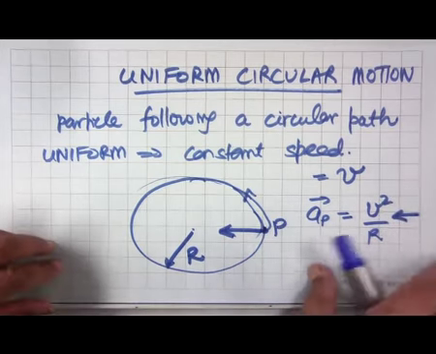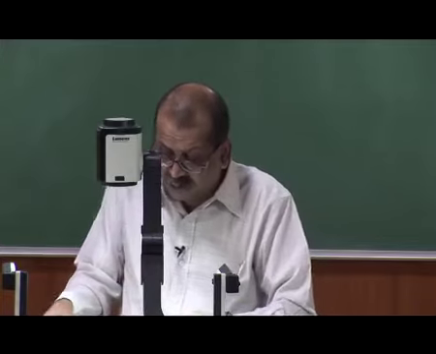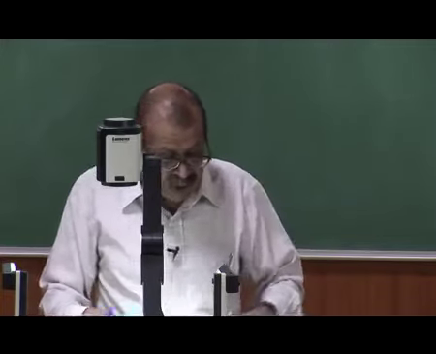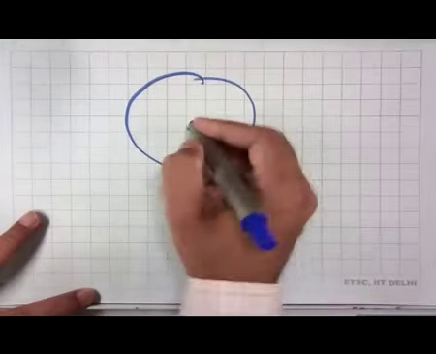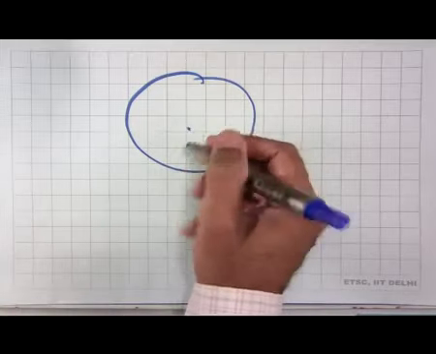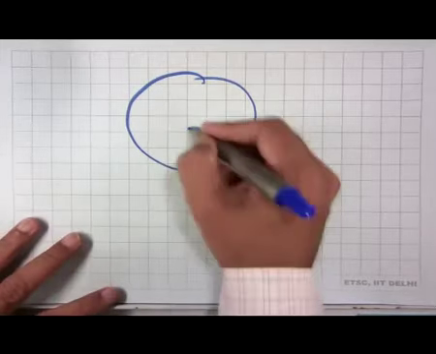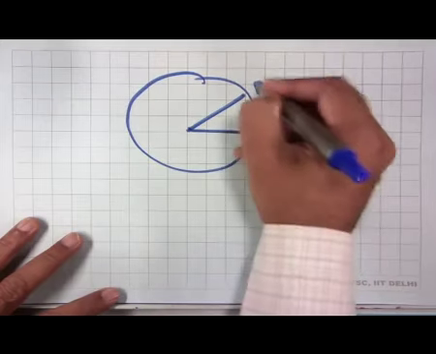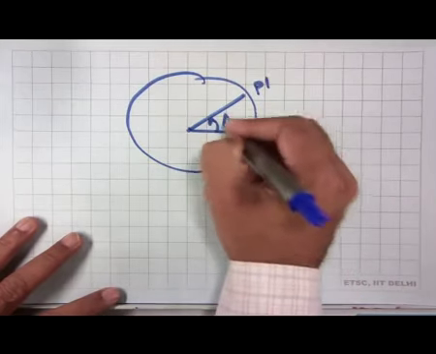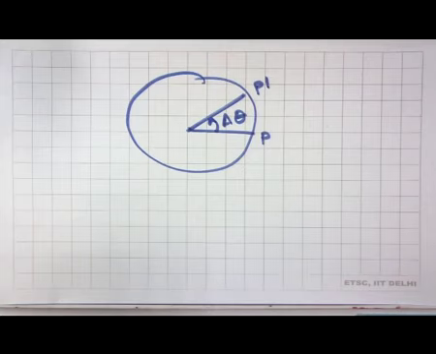Now, there is some terminology which we define with uniform circular motion. So, the first thing which we see is, even though the speed is constant in a uniform circular motion, the acceleration is not 0. Now, let us say the particle travels from p to p prime, and the angle with the center of the circle is given by delta theta.